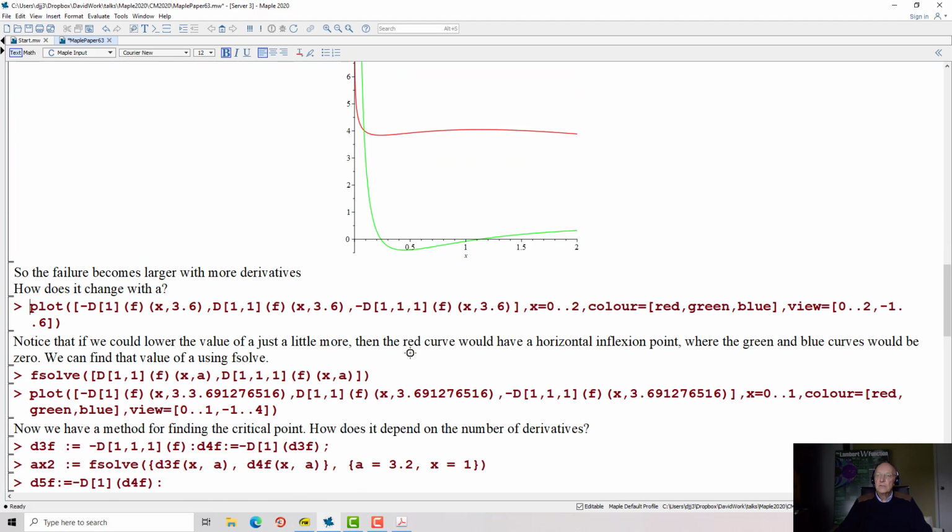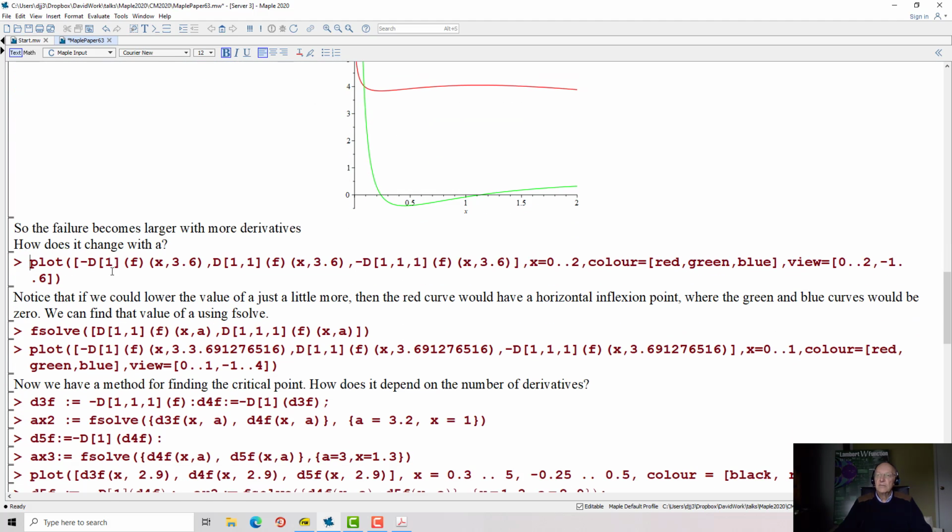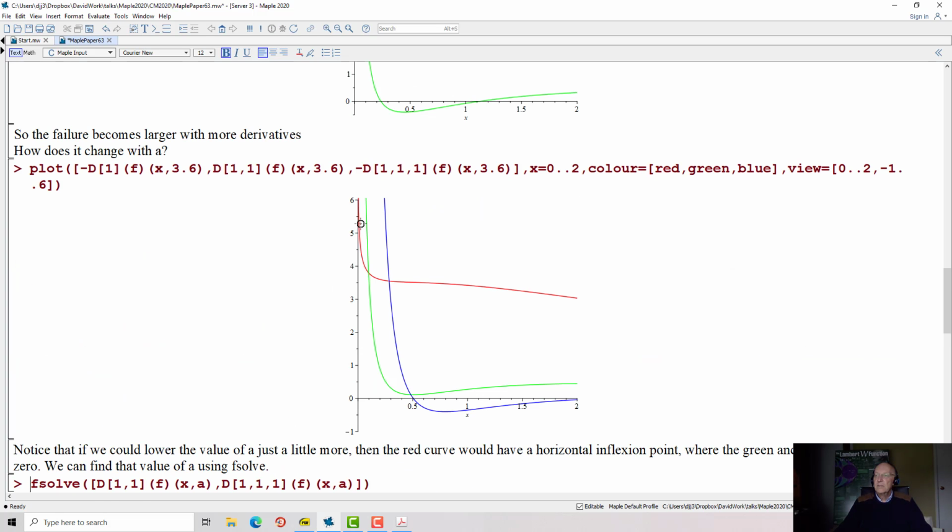So that's what I'm going to do. I'm going to take now 3 derivatives, as you see, with minus signs on the odd derivatives. I've also lowered the value of a a little bit to 3.6, just to see how that affects things, and I plot that. Well, at 3.6, we notice that the first derivative, the red curve, is now monotonic again.